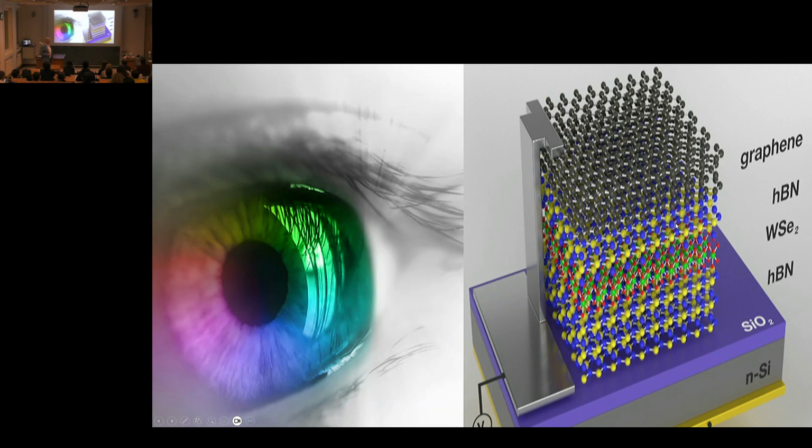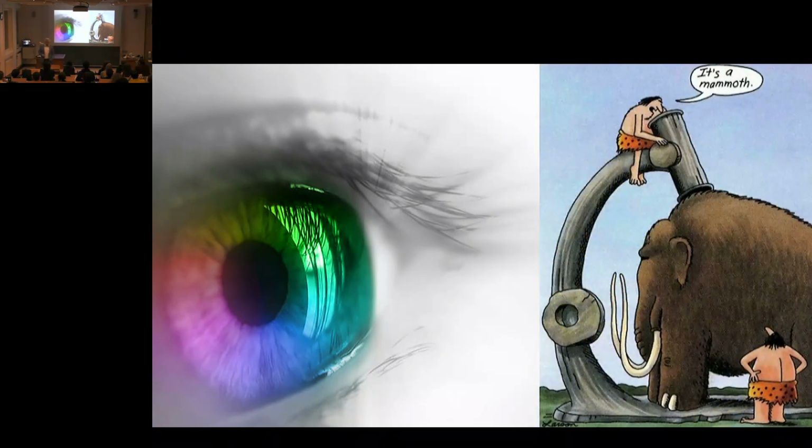So this is a cartoon, but really in the labs, we are now assembling materials in a completely artificial way, and you want to know the properties of each layer, you want to know the properties of the assembly under different conditions. And for this, what you need is a microscope of some kind, okay?